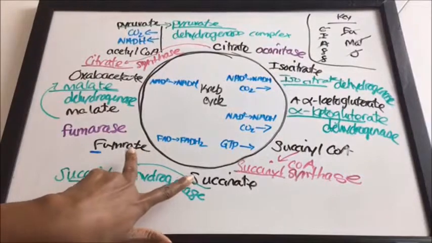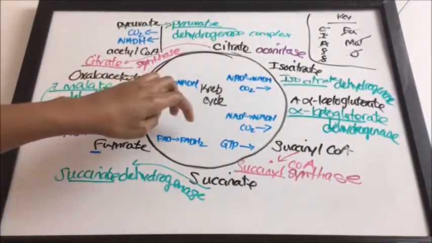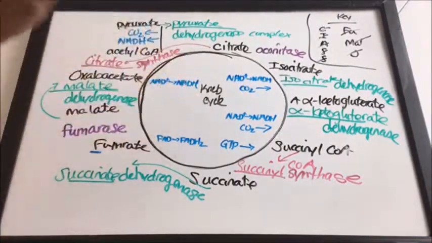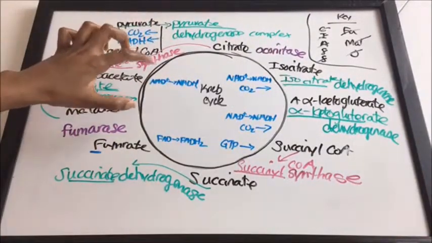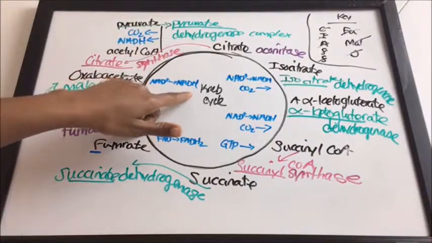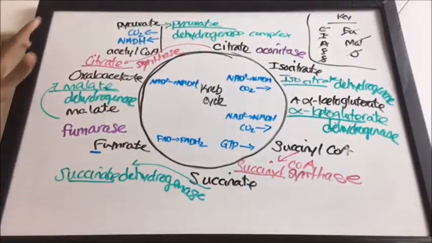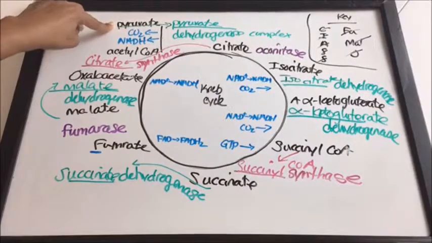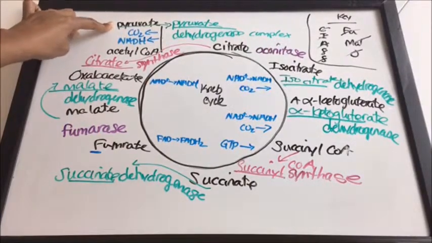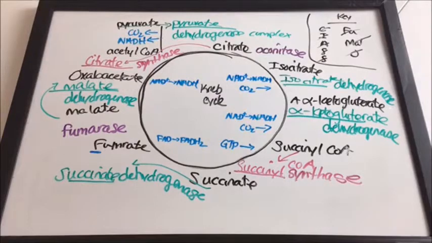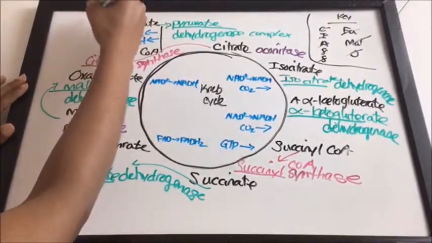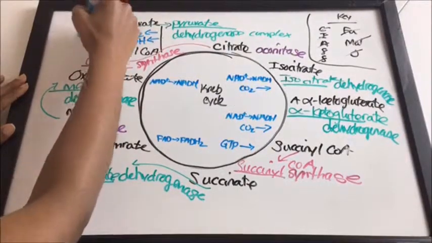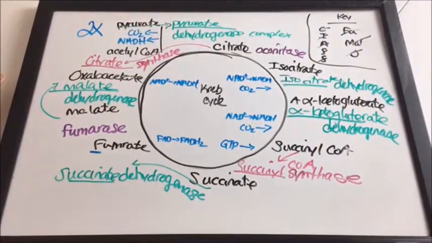And between succinate and fumarate, FAD converts to FADH2. And then between malate and oxaloacetate, NAD plus converts to NADH. Now remember, this is one cycle of one pyruvate. When we had glycolysis, it resulted in 2 pyruvates. So we are going to go through this twice for both pyruvates. And this is the Krebs cycle.